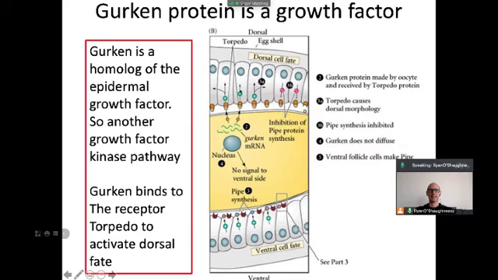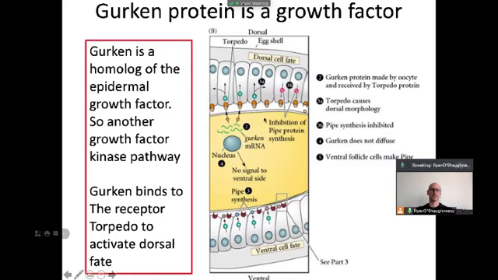These are the cells of the developing egg, and the oocyte makes the Gurken protein, and this is received by torpedo. And then it's the activation of torpedo that causes dorsal morphology, and this inhibits the synthesis of a protein called pipe.